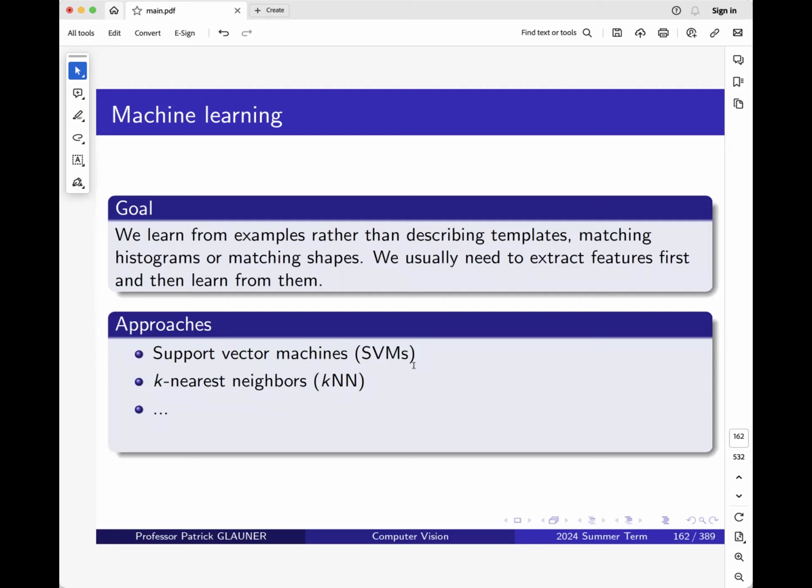If you feed a huge pixel image, so a huge matrix, into a decision tree, it's very hard for a decision tree or a support vector machine to generalize, because you have all these issues like translation and noise. And if the object can be just somewhere in the image, it will be very difficult for a decision tree or a support vector machine to learn anything useful from that raw data.